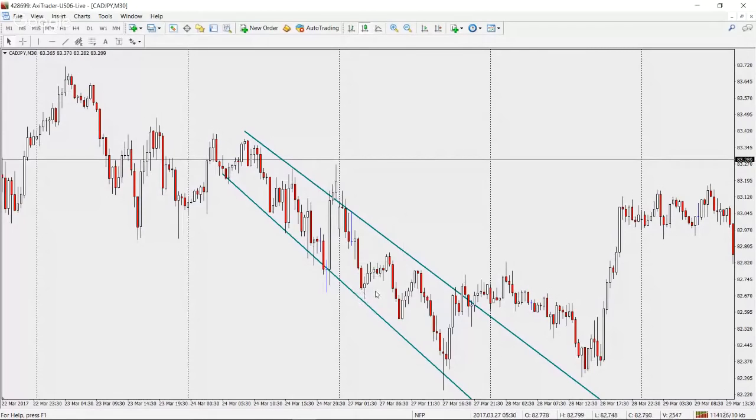So for example, by the time the market had printed this candle right here, I might have had an order somewhere around, you know, here, 82.68, 82.70. And you can have a really tight stop with these so that, yeah, you're going to get stopped out.